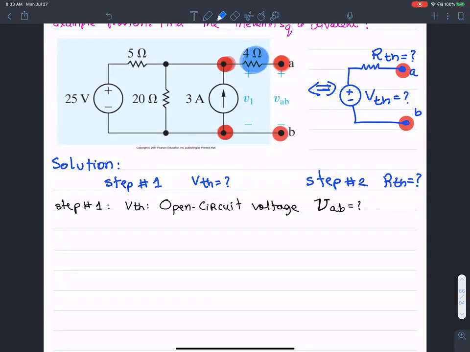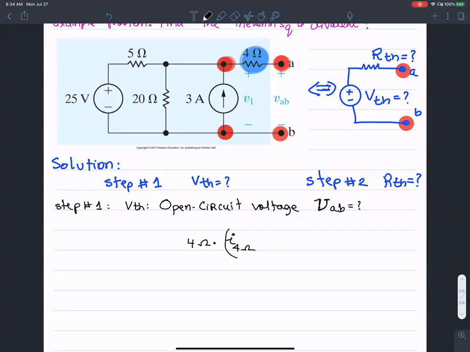The voltage dropped across the 4 ohm resistance would be R times the current flowing through the 4 ohm resistance, right?